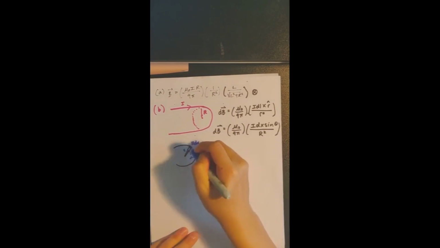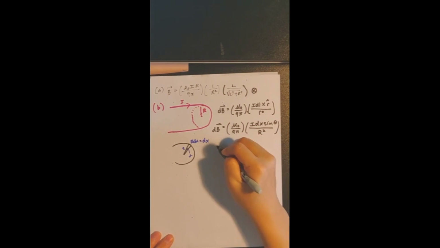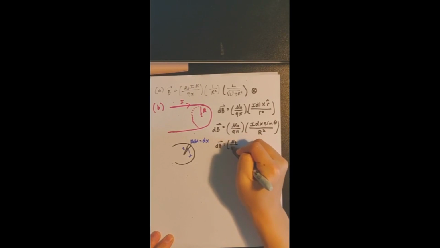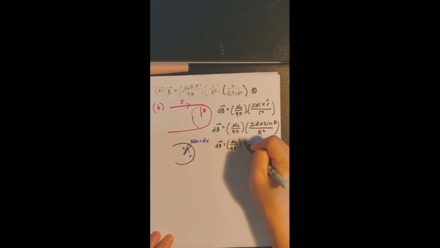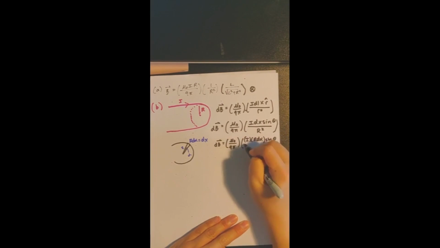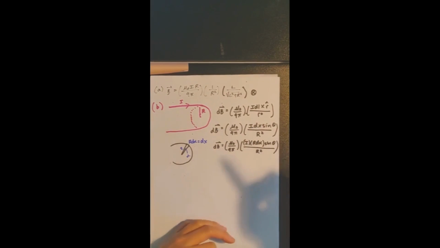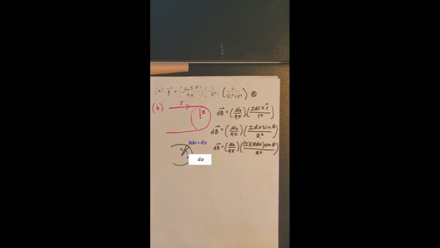So this is going to be our dx. That means dB is equal to mu naught, and I just simply replace the dx with r d alpha.